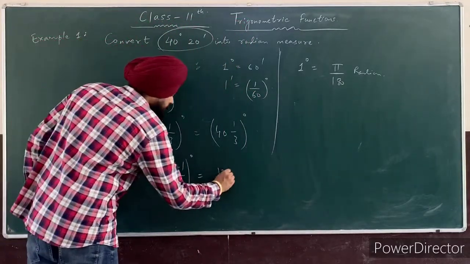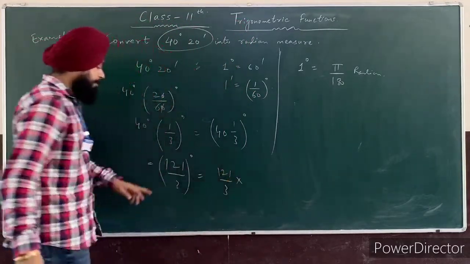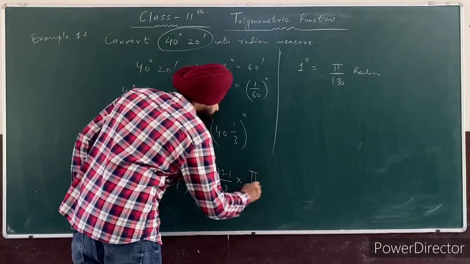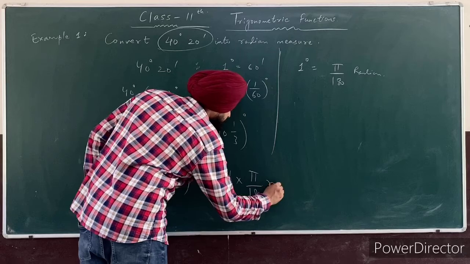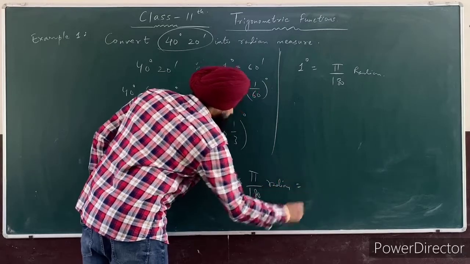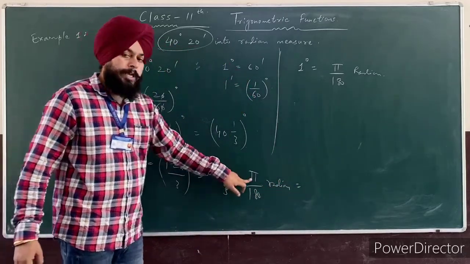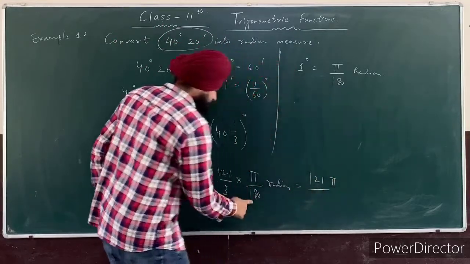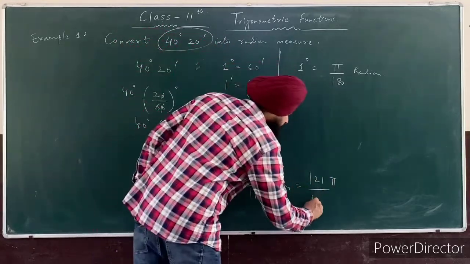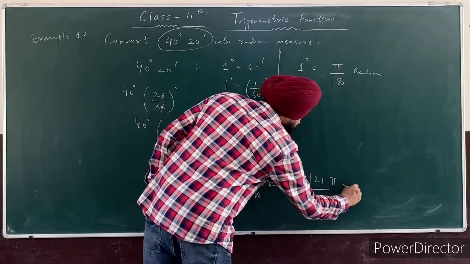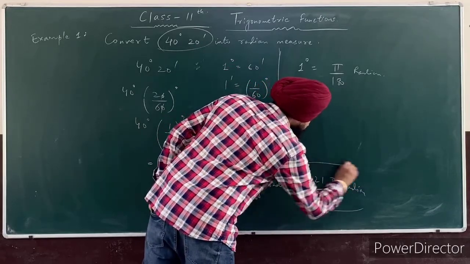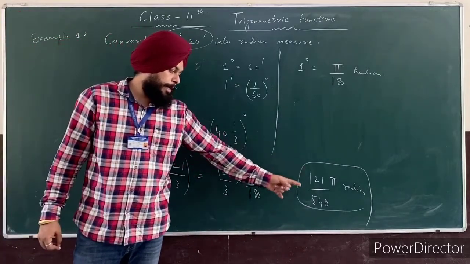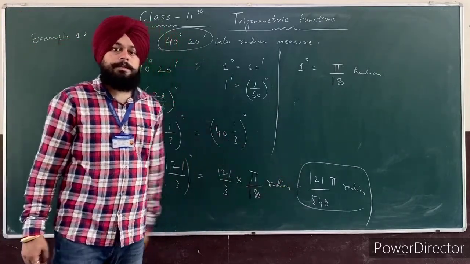So multiply this term by pi by 180 radian. So it is 121 into pi, 121 pi. 3 into 180 is 540. So this is the answer. Clear? That is 121 pi by 540 radian.